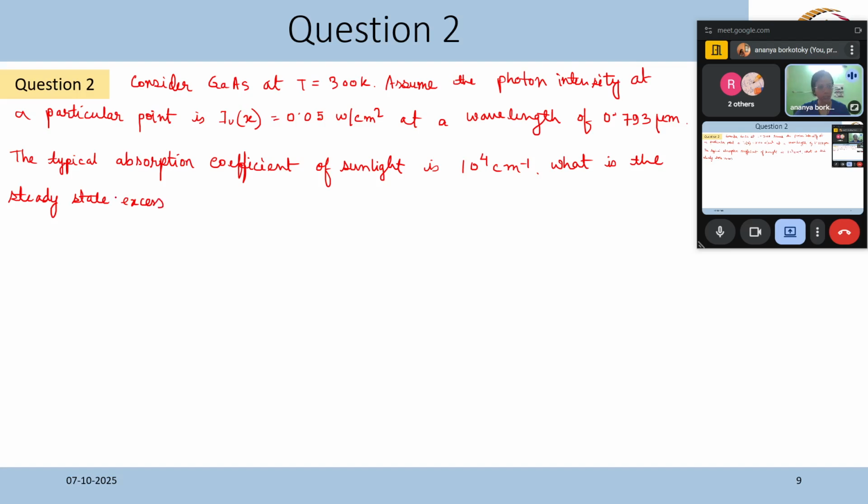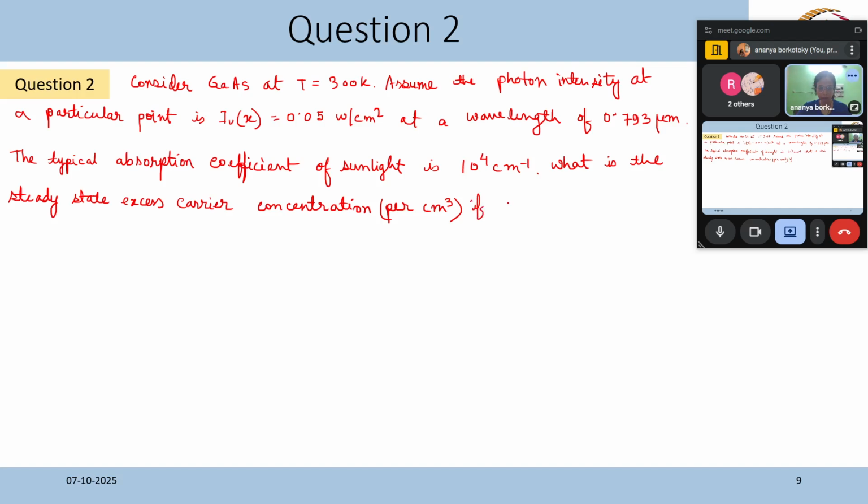What steady state means: it is not time dependent, okay? If we are shining light continuously, then it's not changing with time. We have to find it in per centimeter cube, that is the unit of carrier concentration.